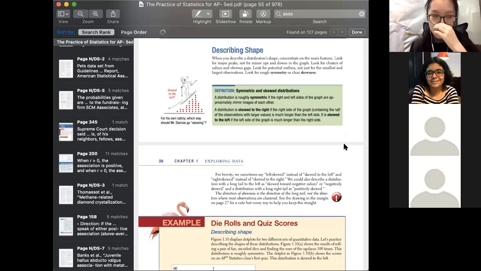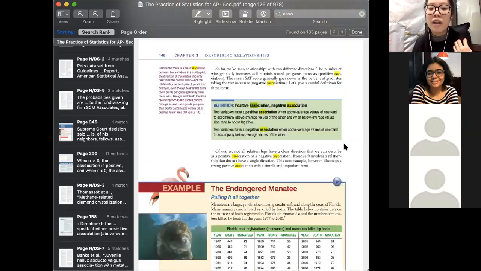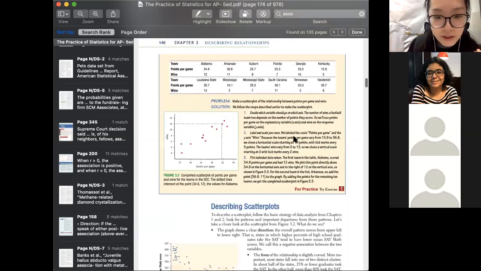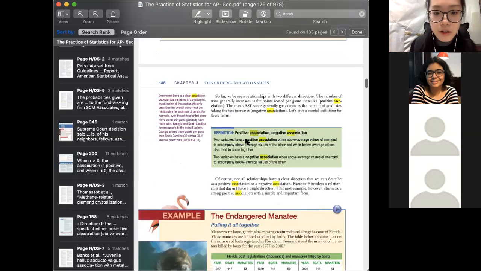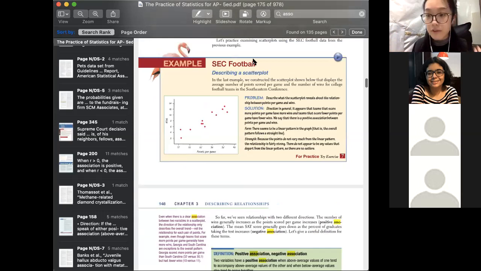In this statistics book, the association is described as almost linear because it's about the least square linear line. So here we have positive association and negative association. If a positive association is really strong, then the coefficient is 1, and on the other side it's -1.